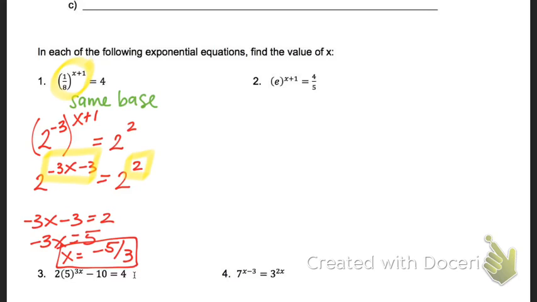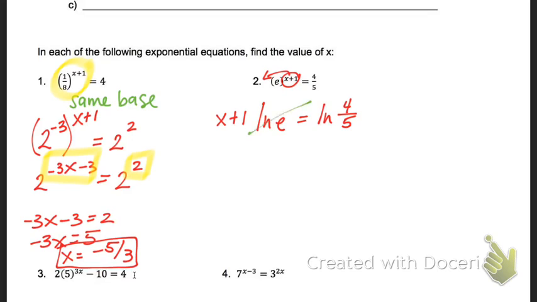So if I take log base e, what's the same thing as log base e? ln e. And I'm going to make a habit of knowing that this exponent jumps out front. So I'm going to put x plus 1 here. And if I took the ln of the left side, I also have to take the ln of the right side. So I'm just going to write ln of 4/5. What happens to that ln e?